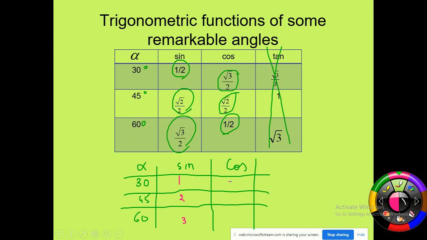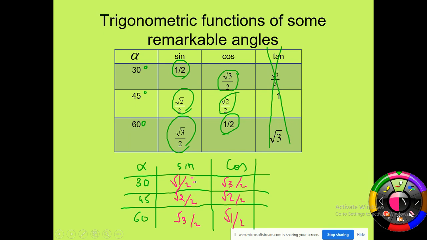Below it I write 3, 2, 1. Then I put each one over 2. Then you put a radical on the numerator of each. And then I have the answer. And the radical of 1 is 1.